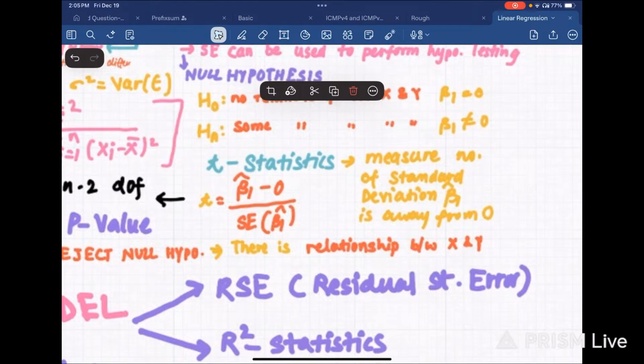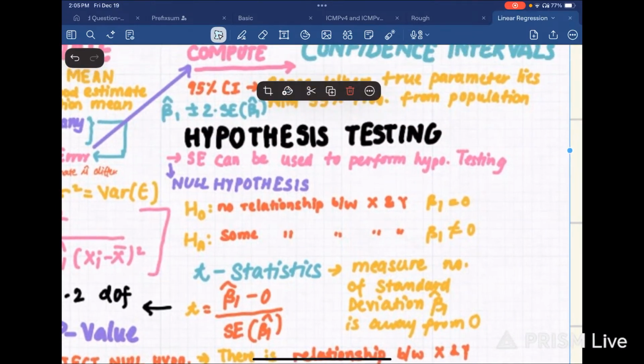In hypothesis testing we use the null hypothesis here. We use this statistic to measure the number of standard deviations beta 1 is away from 0.